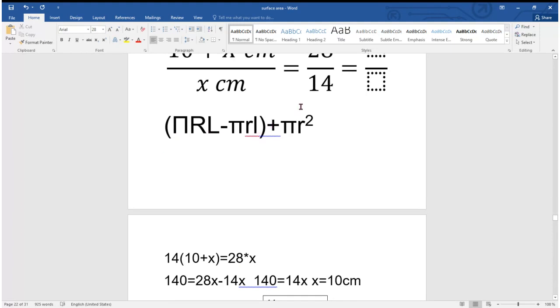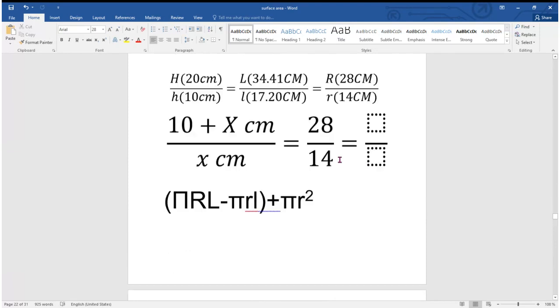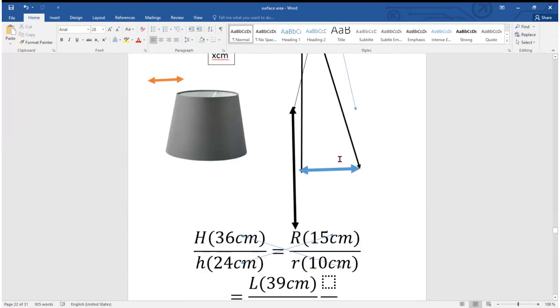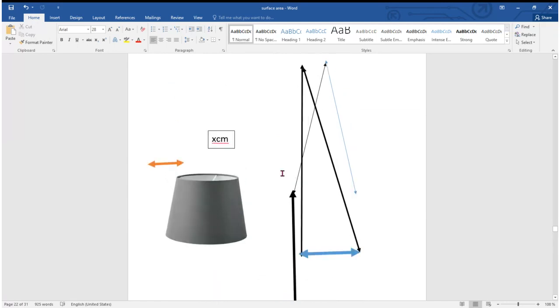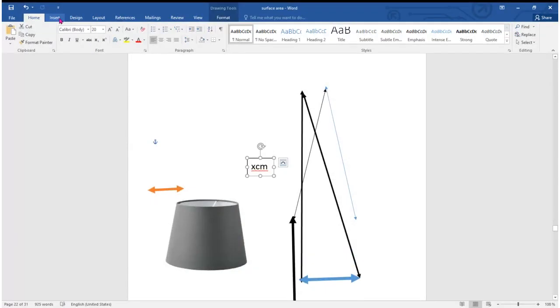Okay. Now, if it was a lampshade like this, you would have done the same thing. But for the lampshade, it is going to be easier because the lampshade is open. So you just come here and then you extrapolate. Let me show you.